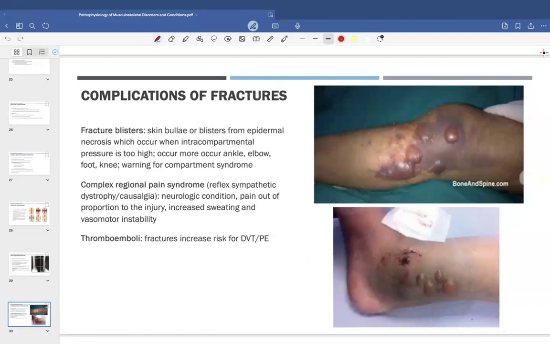So complex regional pain syndrome used to be called reflex sympathetic dystrophy. Now it's complex regional pain syndrome.